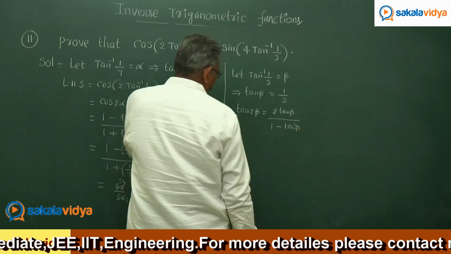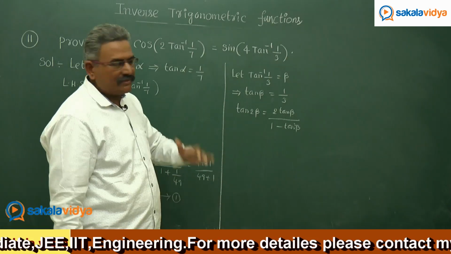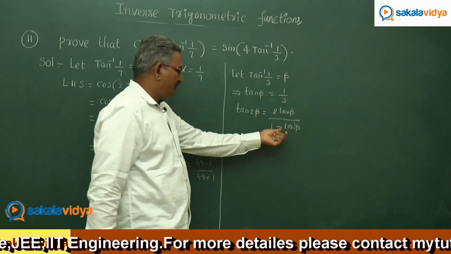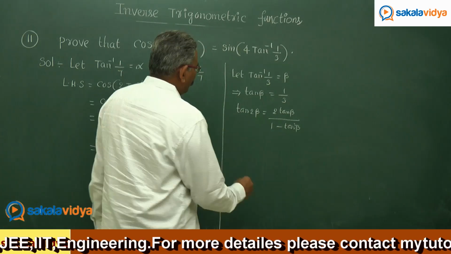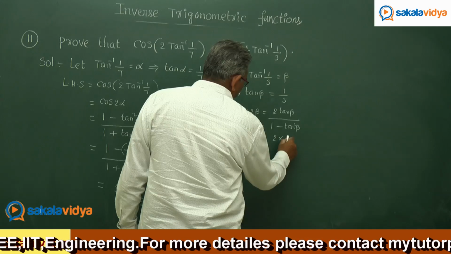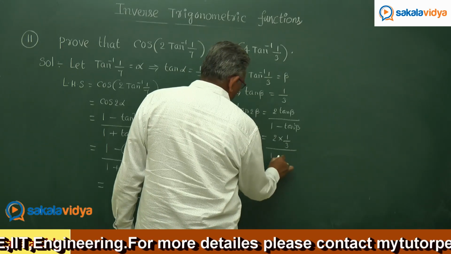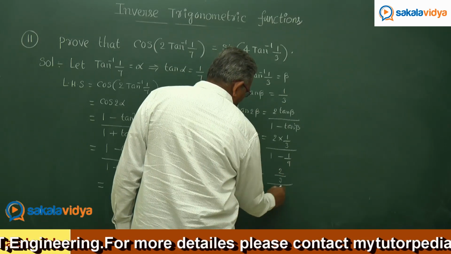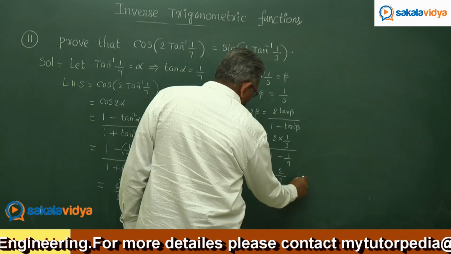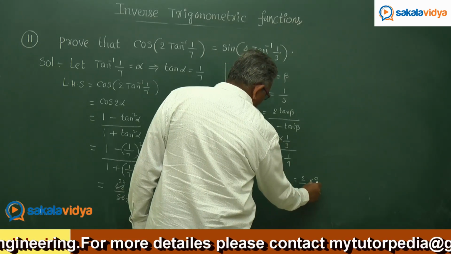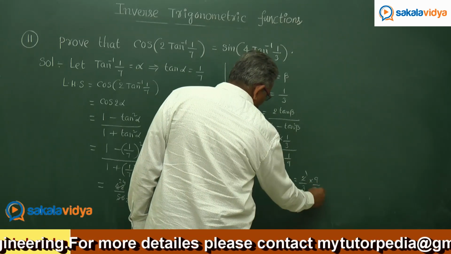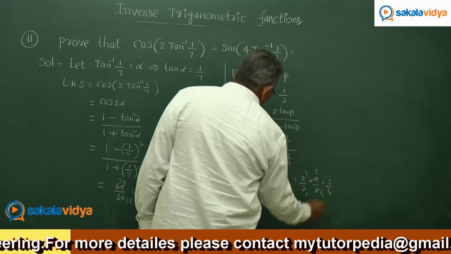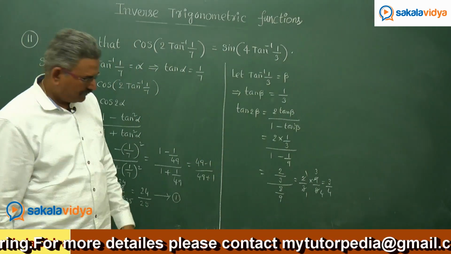It is very important, not 1 plus, 1 minus. So generally we commit the mistake writing the sign symbol here. So 2 into 1 by 3 by 1 minus 1 by 9. This is 2 by 3, this will be 8 by 9. 2 by 3 into 9 by 8. Now tan 2 beta is 3 by 4.